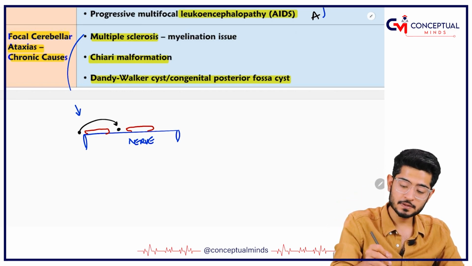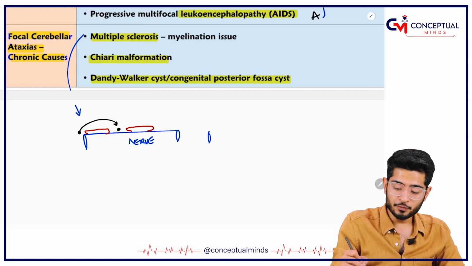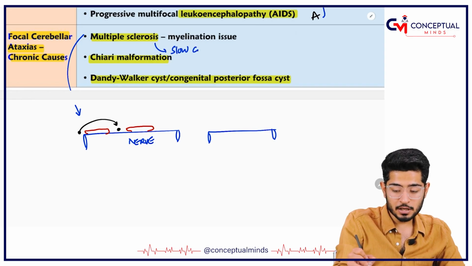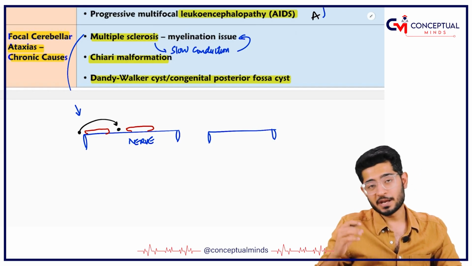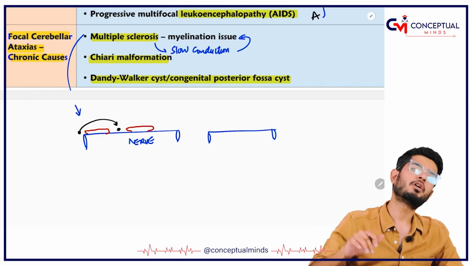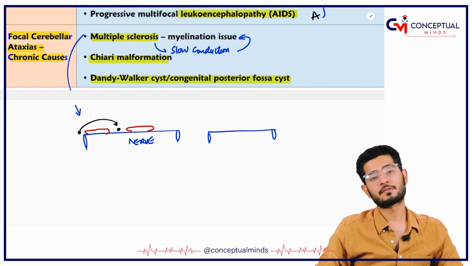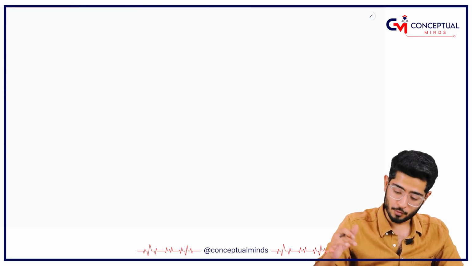But in multiple sclerosis, what happens? There is no myelin, so the conduction is going to be very slow, and that is why there is going to be a disbalance, because the patient wants to raise the leg, but the leg will not be able to pull it up. Why? Because there is a decrease in the velocity of conduction, there is delay in the movement.